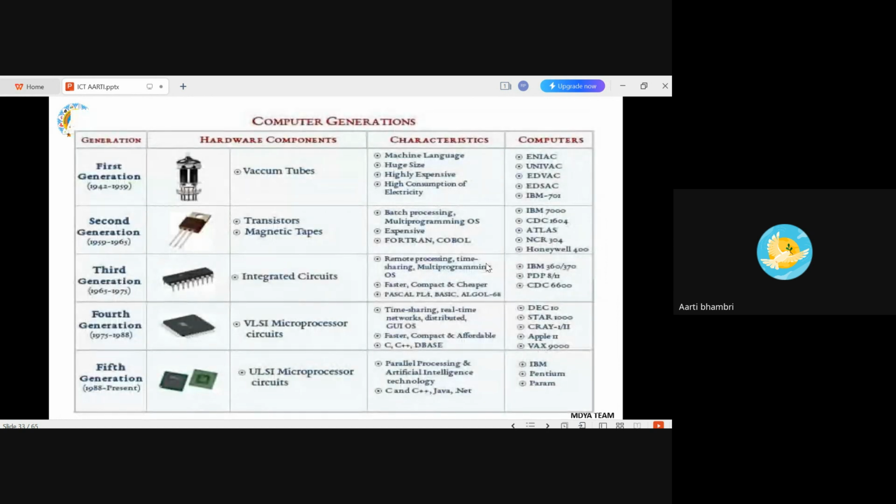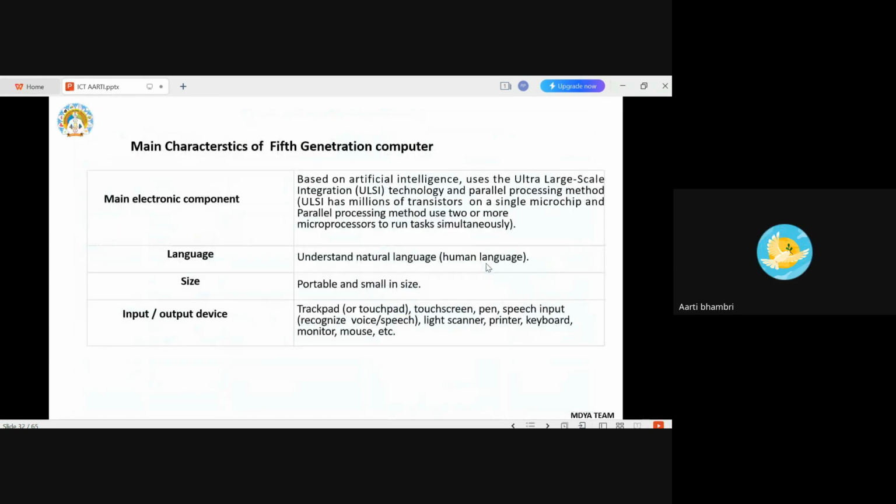Now you have to revise in a single chart, in a single slide. Ma'am, how is keyboard an output device? Keyboard is not both. These are a collection of both kinds of devices, input and output. I'm not saying all of them are both input and output.